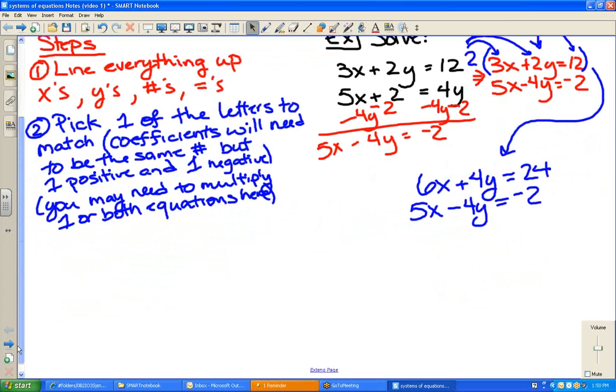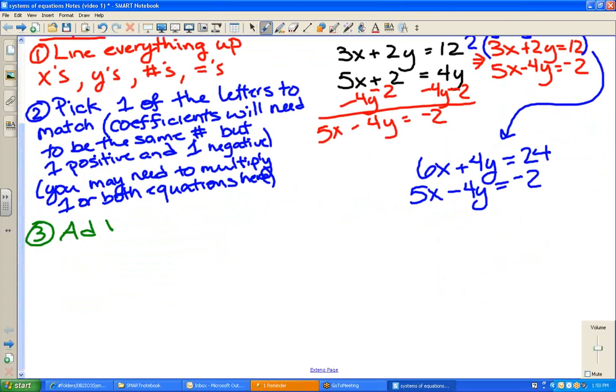So moving down, step 3, add. I like it. Nice short word. So basically now I'm going to add down. If I was doing something with 3 equations, I'd have to pick any 2 equations to start with, and then I could still follow the same process because we have 3 variables, but we'd be looking at only 2 equations at a time. So when I'm adding down, 6x plus 5x is 11x. The y's are going to cancel out.